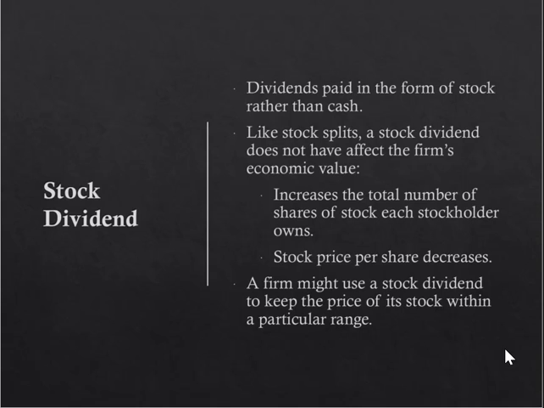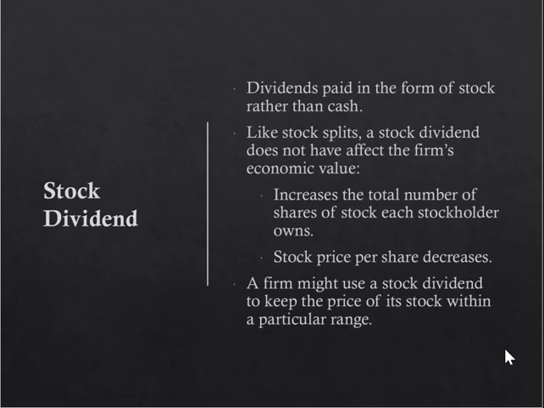They might use a stock dividend to keep the stock price within a particular range, but in general, that's not why it's used. The book will talk about that a little bit, but it's generally used because investors like to get things, and they view stock dividends as having value, even though, now that you're a finance student, they really don't have much value.